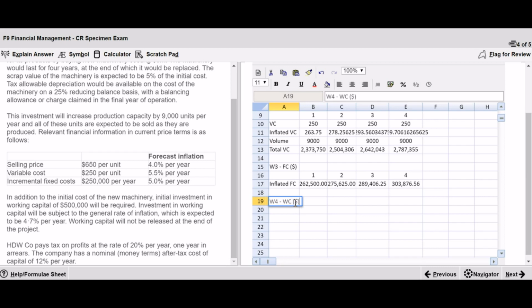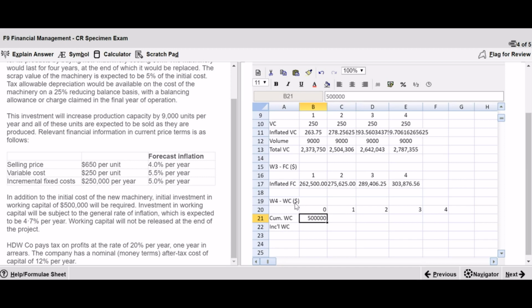Again, I'll put it in dollars. 0, 1, 2, 3, 4. Cumulative working capital and incremental working capital. The investment was $500,000. So we'll take this $500,000 as cumulative working capital.